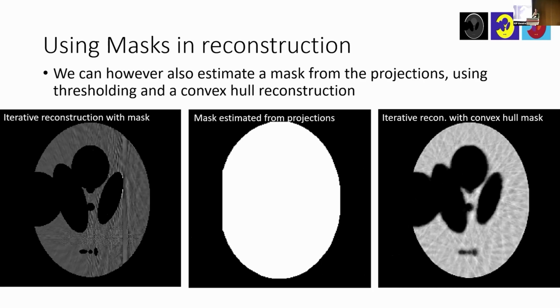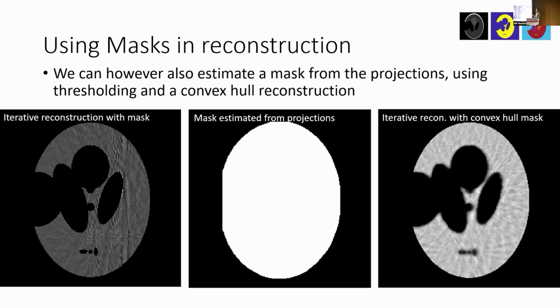However, here's one thing that you can do, for example. Here is a mask that I generated from my projections themselves. Let's call it the convex hull of my object. So I have my object and I take my X-ray projections, and then I threshold the X-ray projections into: there is an object or there's background. And then I back project these thresholded projections, and I use a logical AND operation, rather than adding your back projection as you would do in a filtered back projection operator.